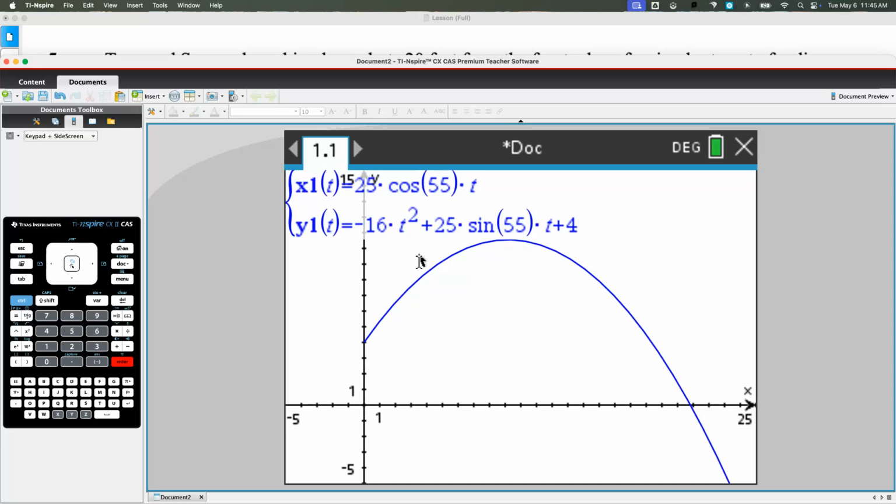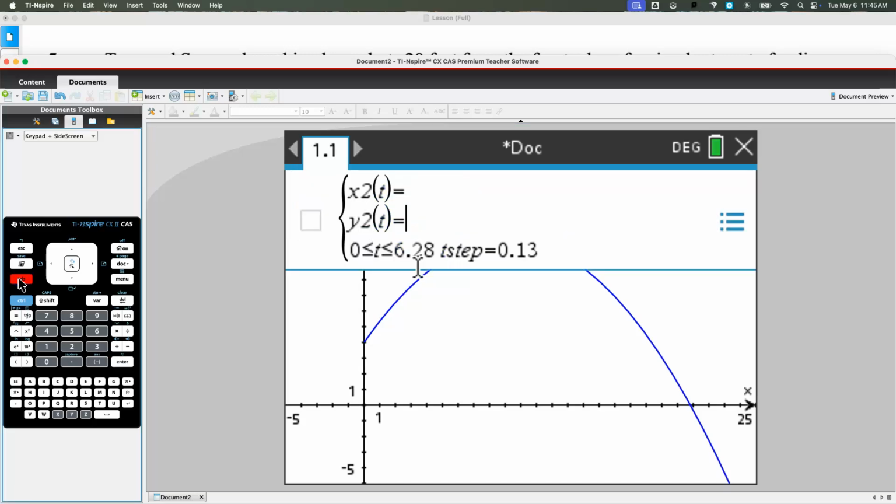Now, the question is will she hit her target? So what were the parameters of the target? The front edge of the circular target is 20 feet from her. So here's how we build that parametrically.